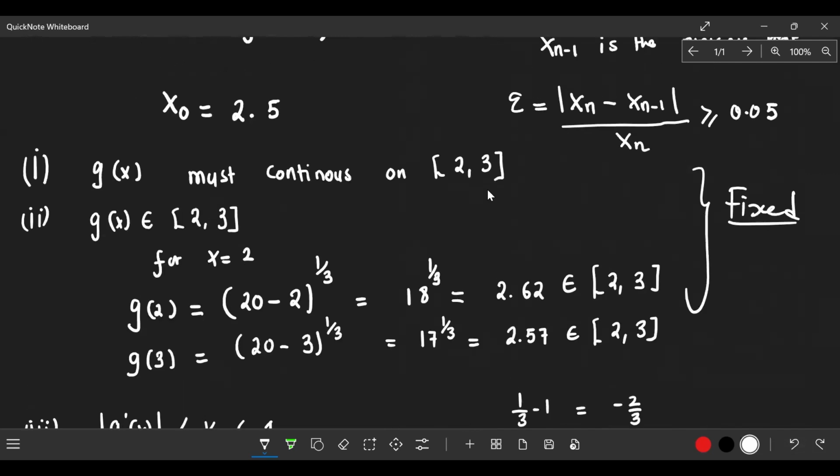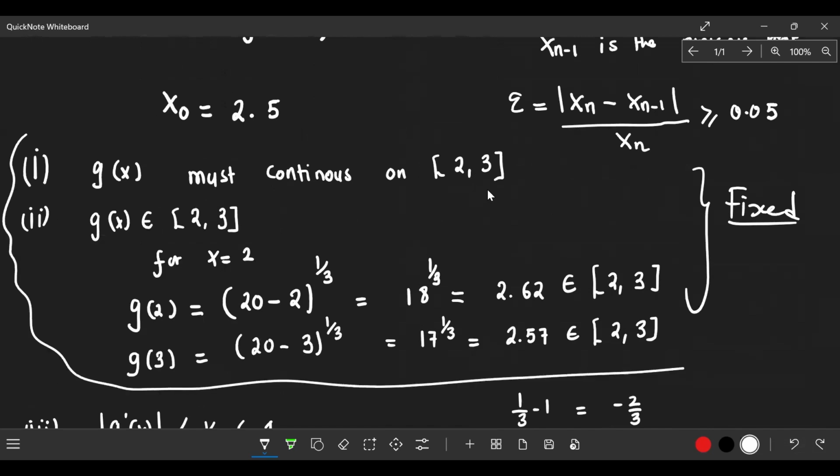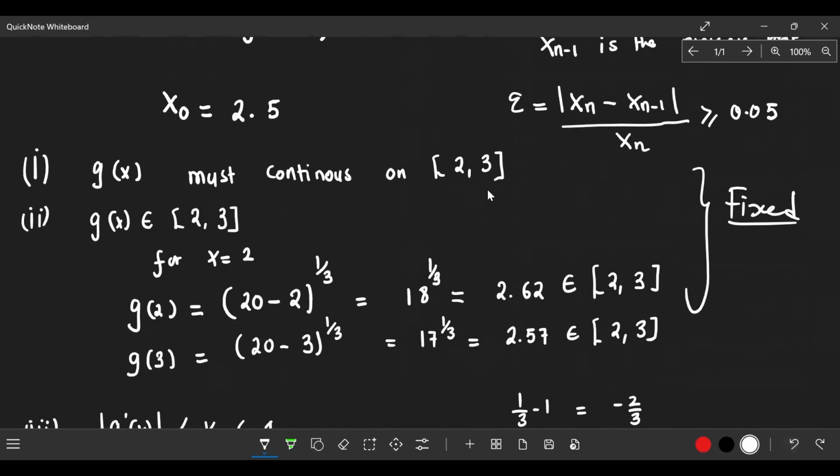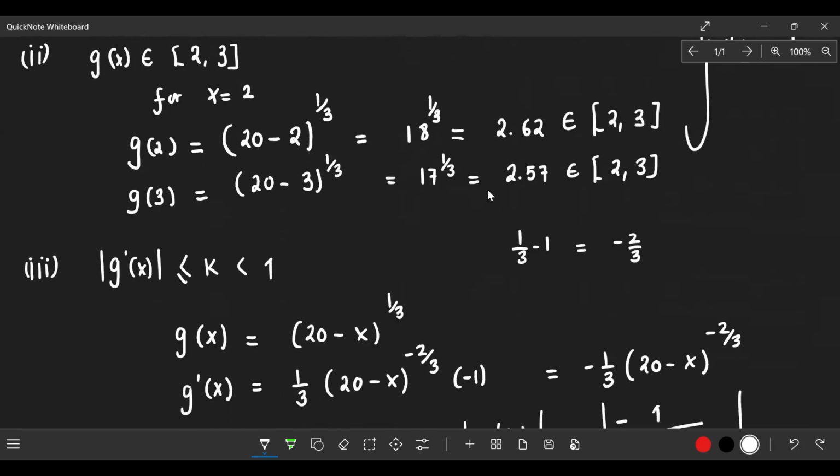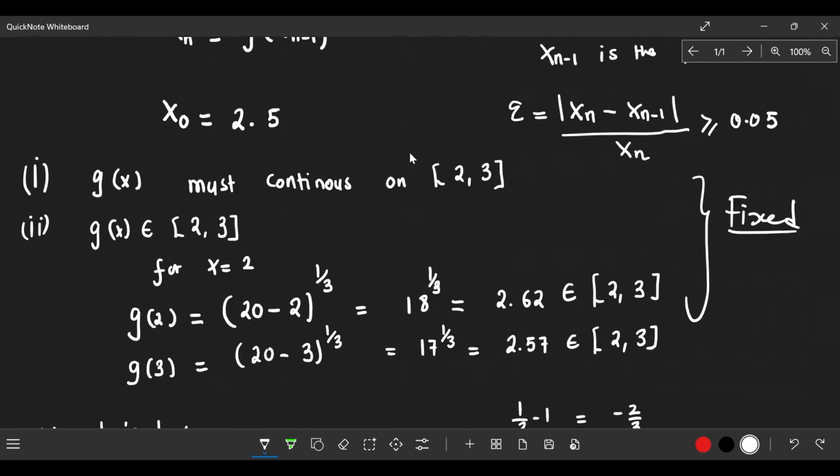So yes, there may be a fixed point, but not unique. Uniqueness means you just have one fixed point in that interval, right? That's the uniqueness we're talking about. But the first two are a must in both cases. These can't work without the other one.